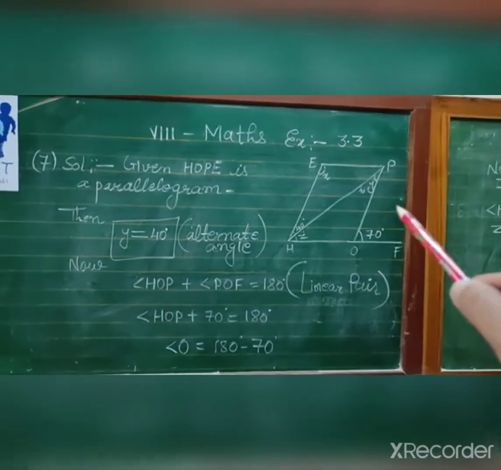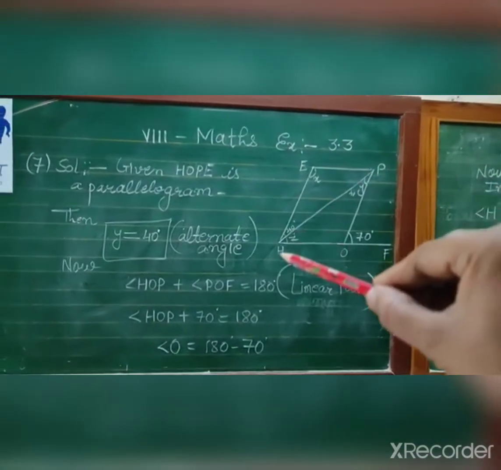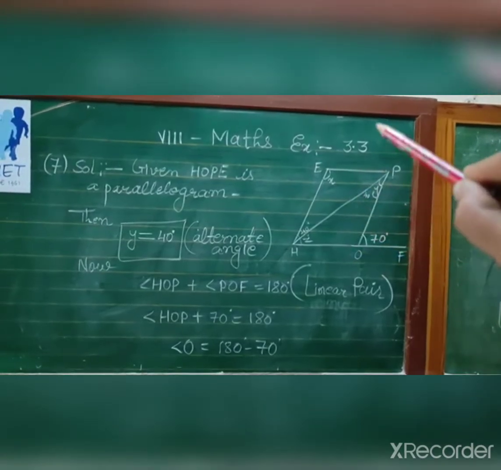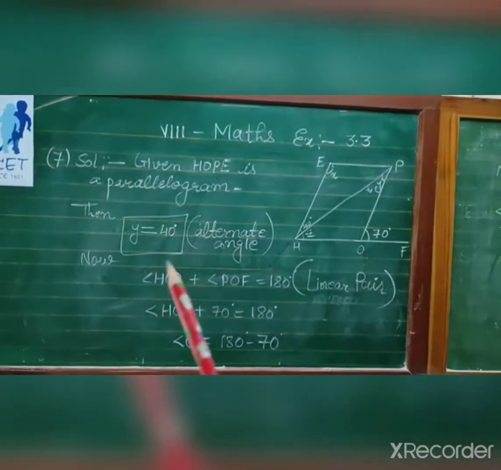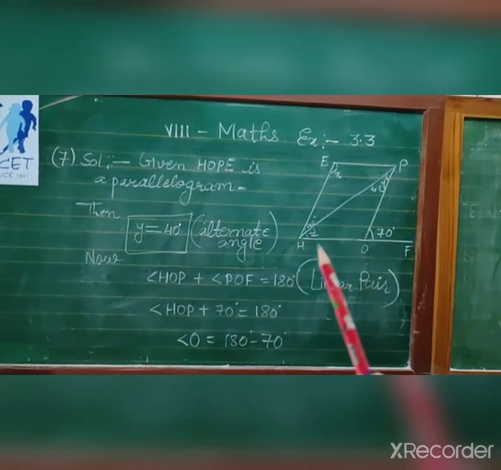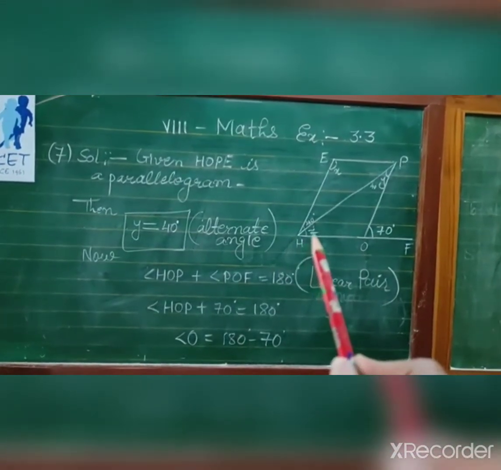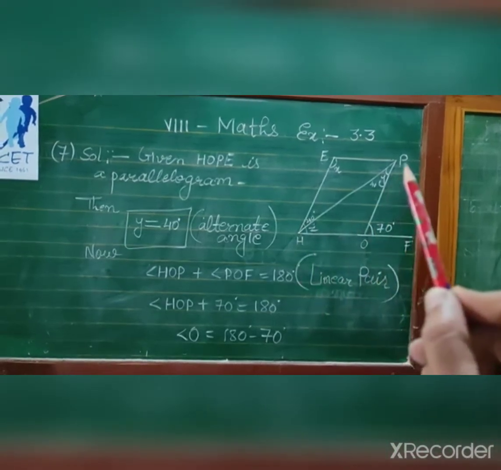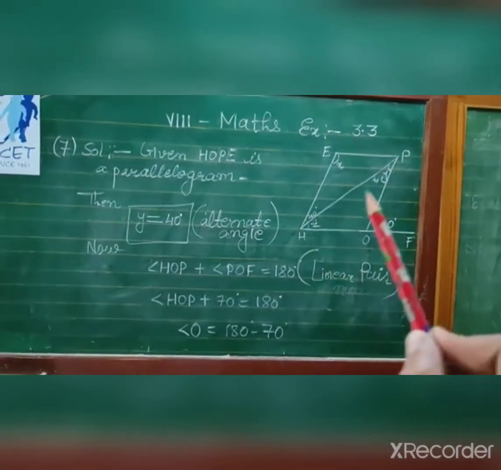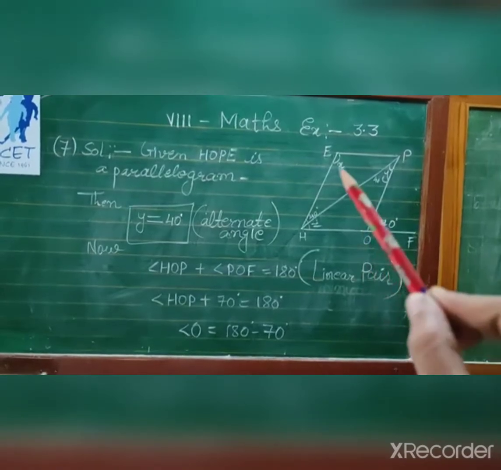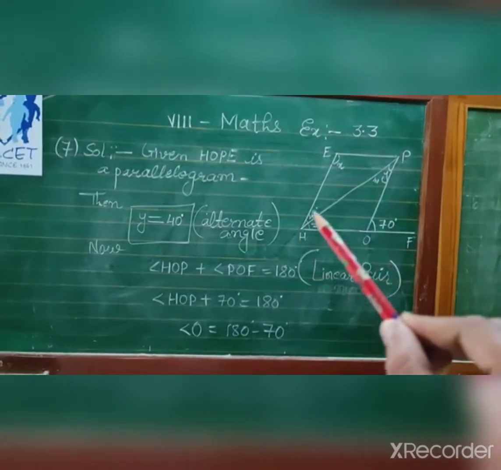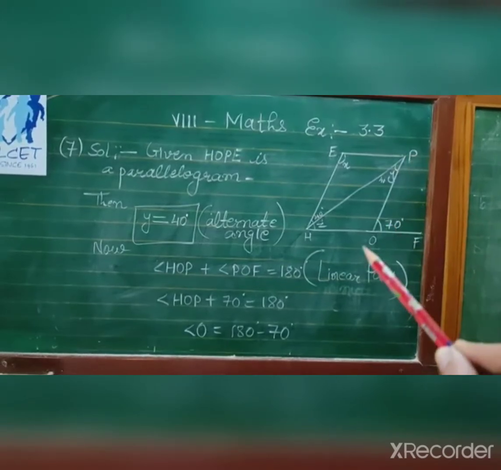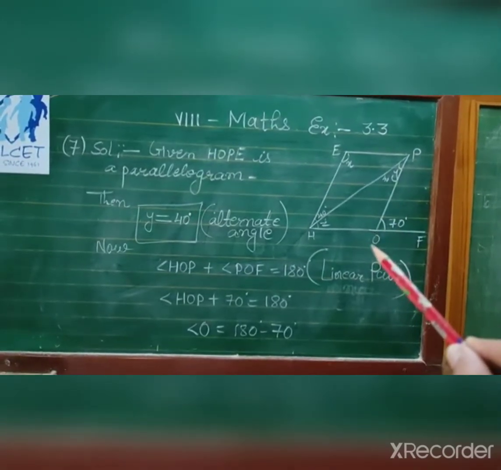From the figure you can see there, given HOPE is a parallelogram. So y equal to 40. You can write here also angle EHP and HPO. EHP you will write, HPO. I have not written but you will write.